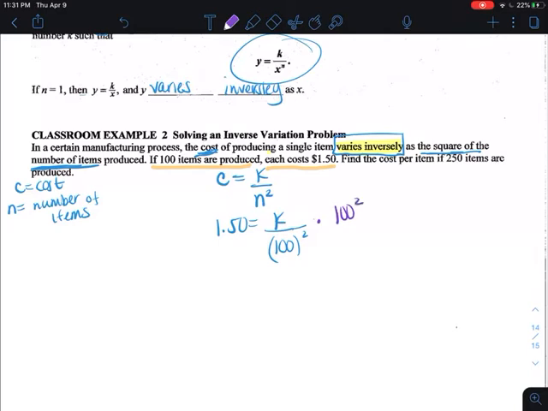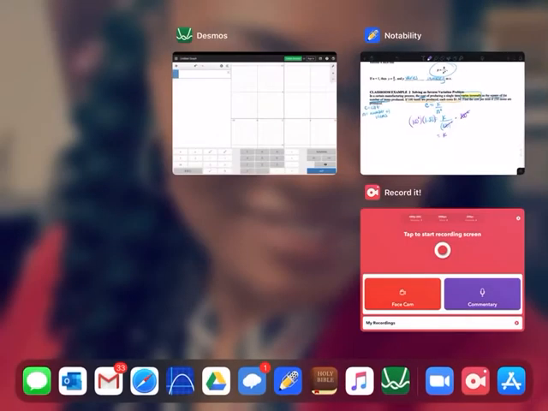So I'm going to multiply both sides times 100 squared so I can get K by itself. The reason I'm using the 100 squared, especially if you're using a TI calculator, is you kind of want to keep it in that square form when multiplying it out.